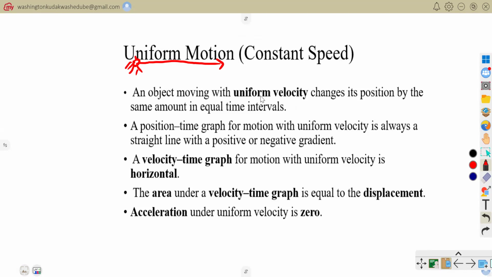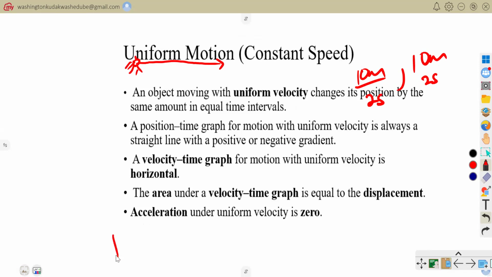So an object moving with uniform velocity changes its position by the same amount in equal times. So it simply means that you change your position 10 meters after every 2 seconds.